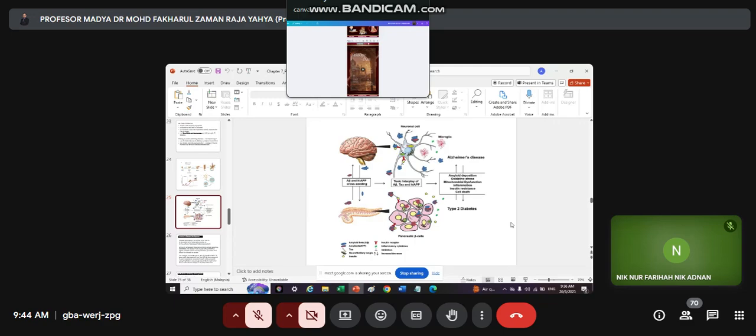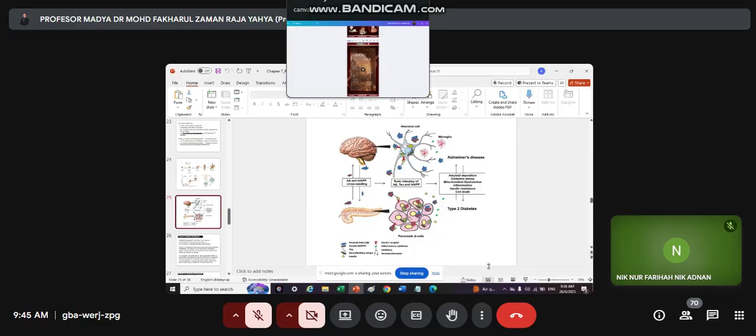Okay, type 2 diabetes, which is different from type 1 diabetes. So here we can see an amylin protein, tau protein, insulin, and others. They are interacting, causing a problem in brain organ.